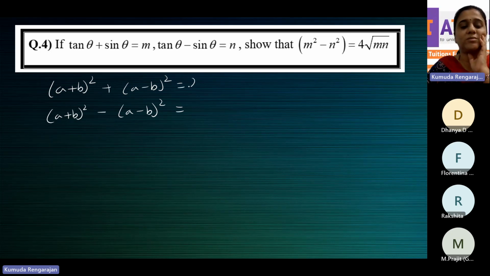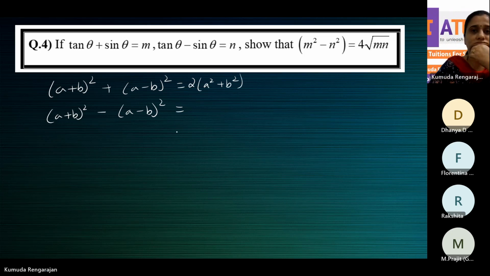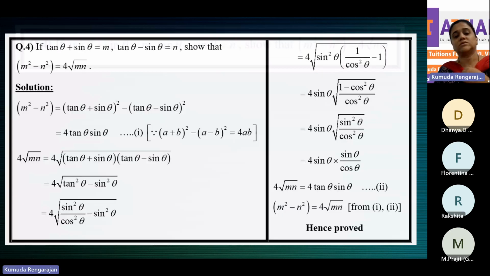Very good, 2 into a square plus b square. And the next one? 4ab. Yeah, 4ab. Okay, now try this.